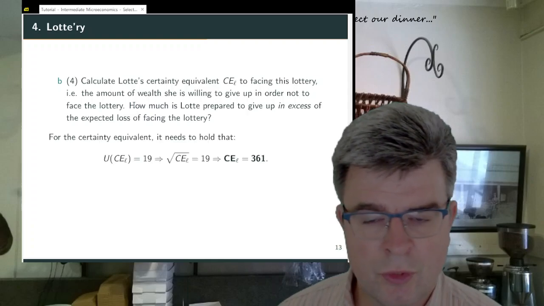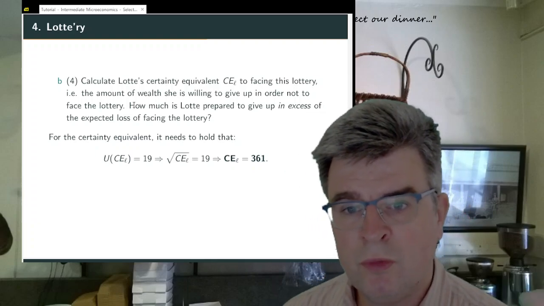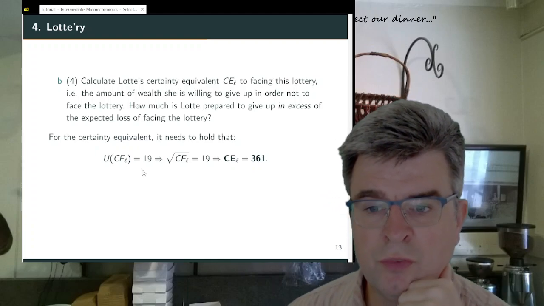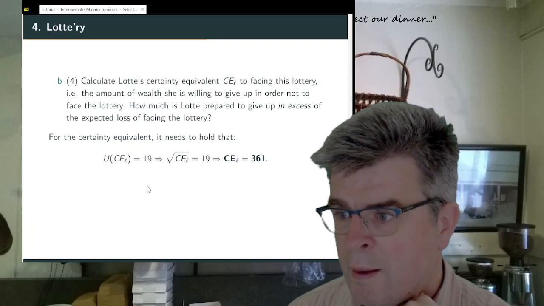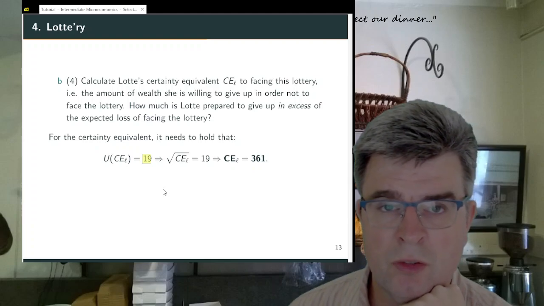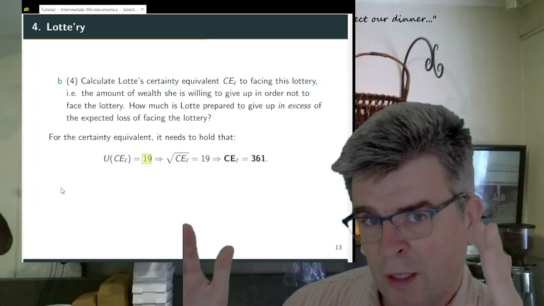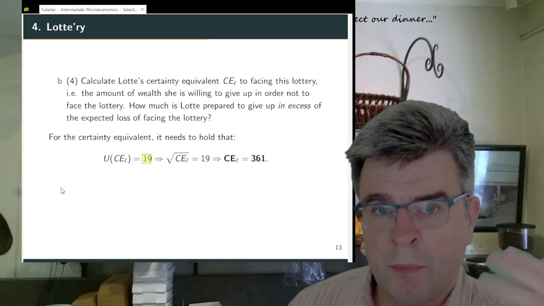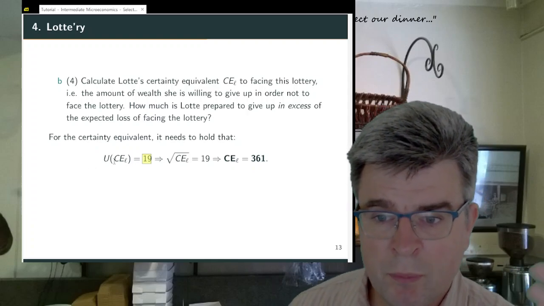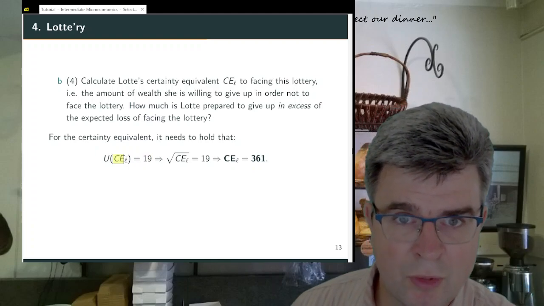So for the certainty equivalent, it needs to hold that Lotte will be indifferent between facing the lottery and not facing the lottery. If she faces the lottery, we computed in A that her expected utility will be equal to 19. So if we could give Lotte certainty in a certain amount of wealth that would make her indifferent between facing the lottery or not, then we would have found the certainty equivalent.